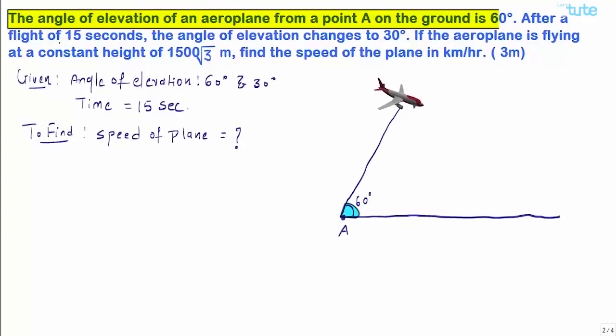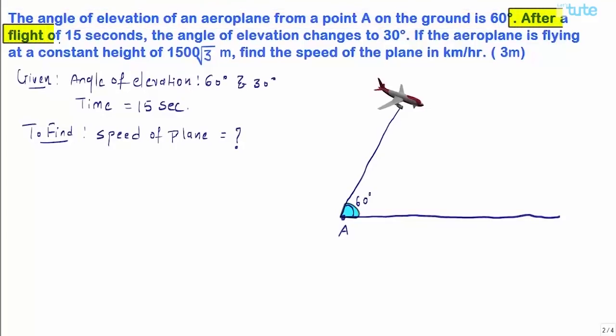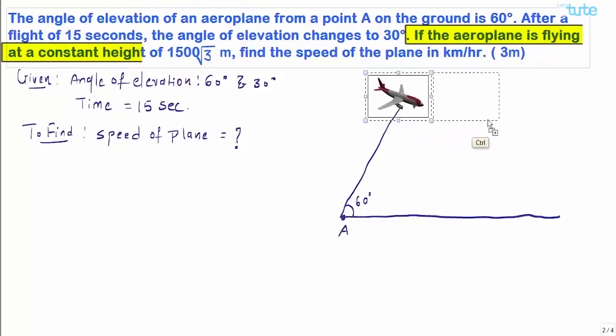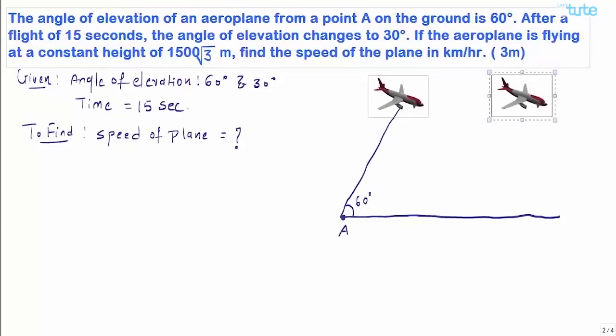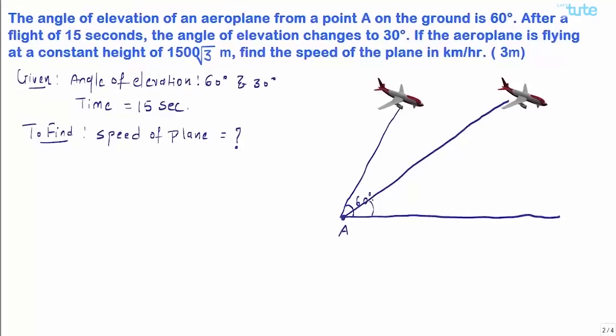Now next line says that after a flight of 15 seconds, the angle of elevation changes to 30 degrees. Now also note that it is given that the aeroplane is flying at a constant height. So suppose after 15 seconds, the aeroplane is here, and this is the angle of elevation, which is given as 30 degrees.